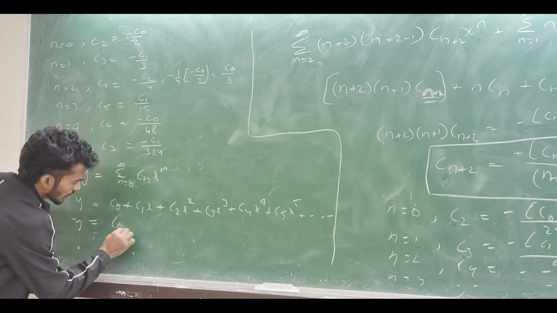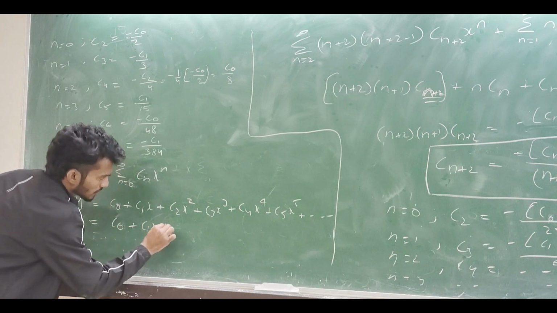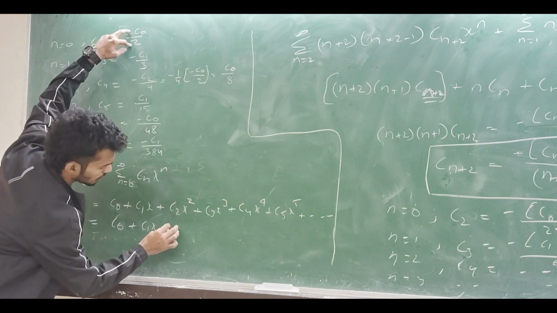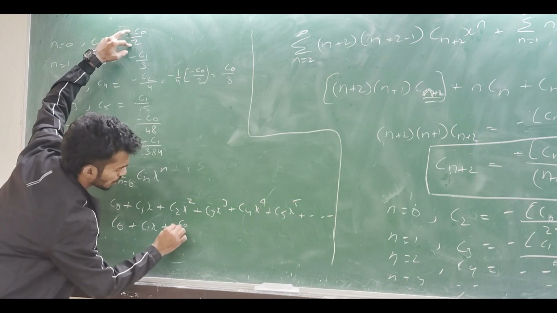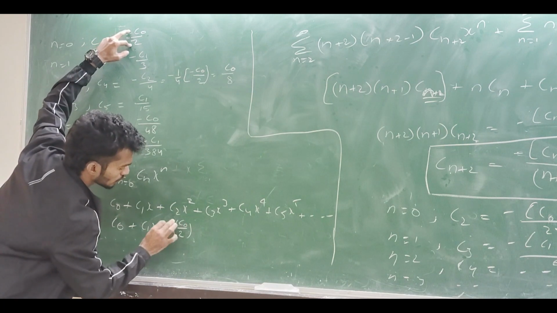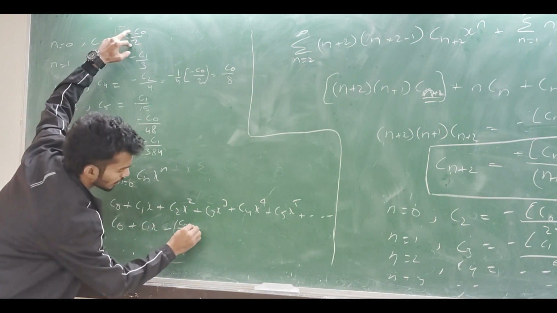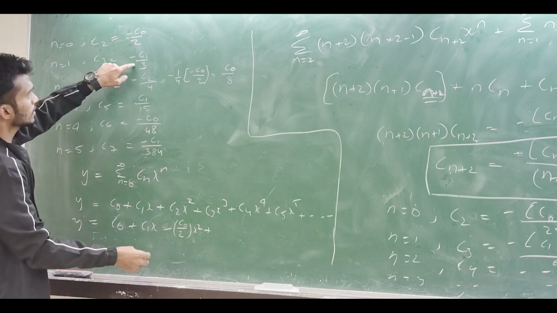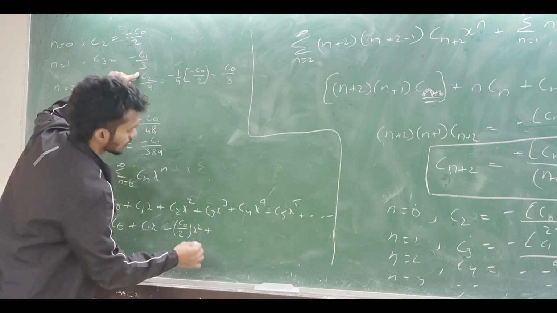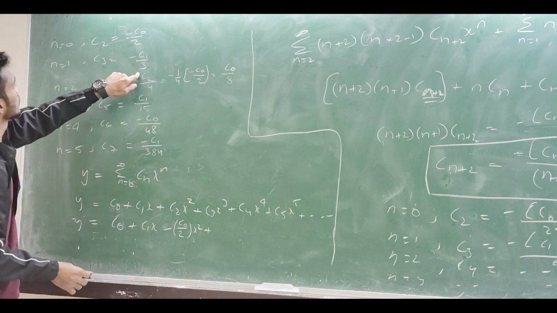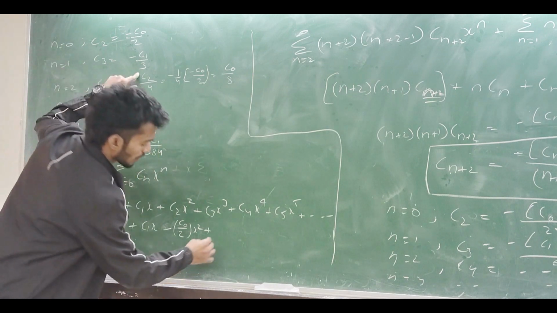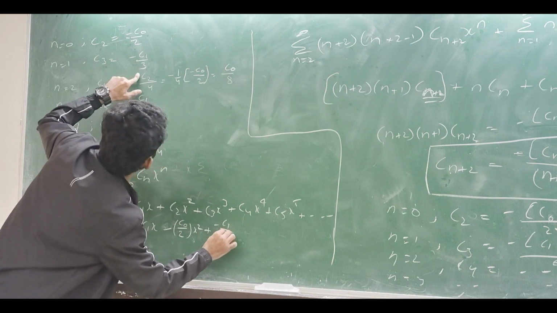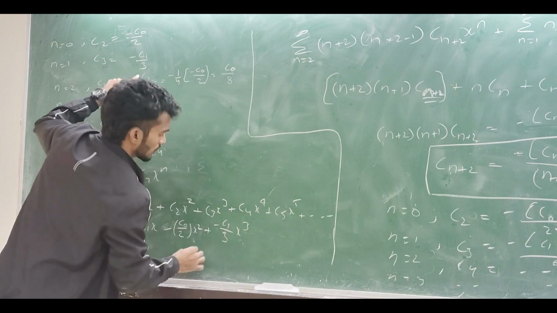Then what we get? Y is equal to C0 plus C1 x plus C2 x square. What is the value of C2? C2 is minus C0 by 2, that is minus C0 by 2 into x square, plus C3 x cube, where C3 is minus C1 by 3, that is minus C1 by 3 into x cube.